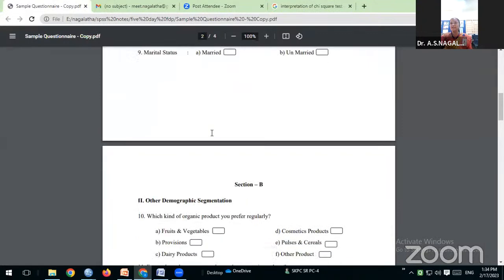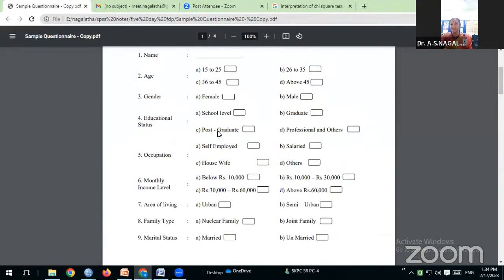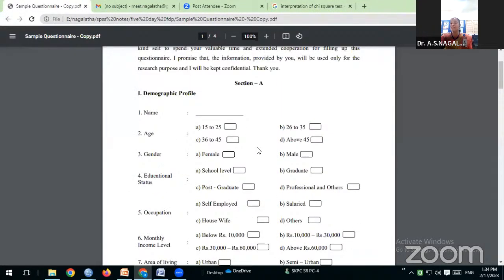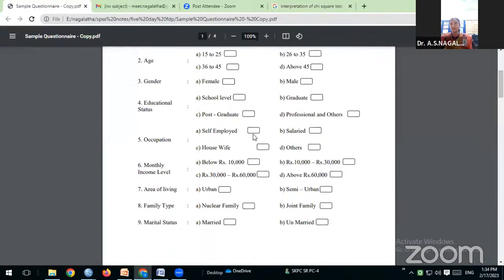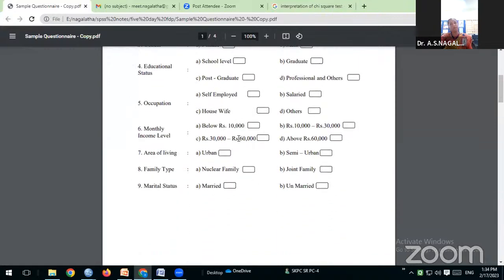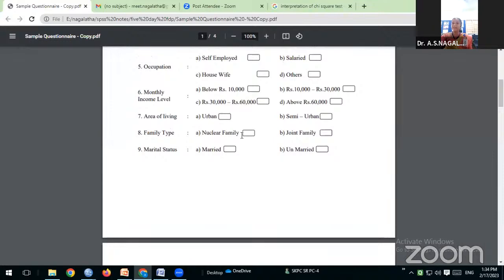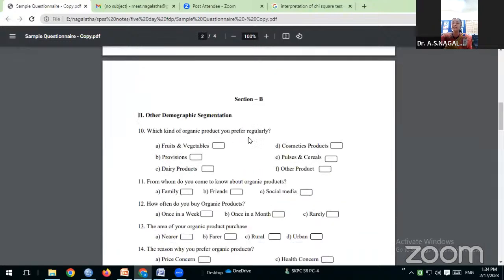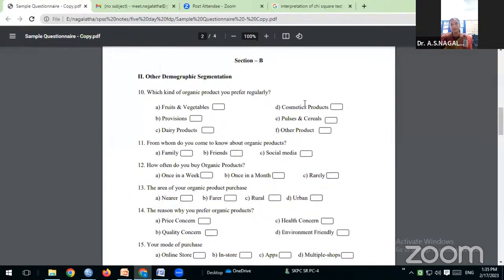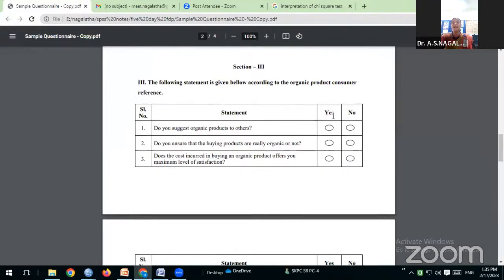These are categorical or nominal variables: age, gender, education qualification, occupation, monthly income level, area of living. Yes or no questions are also always considered categorical variables.